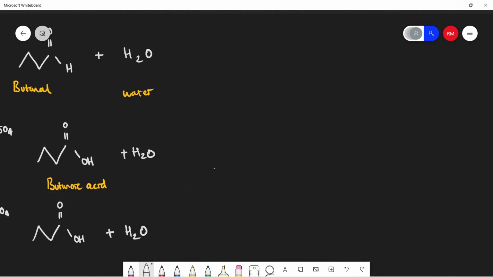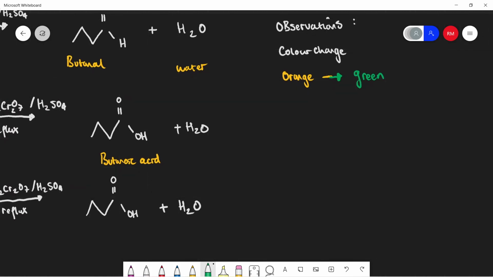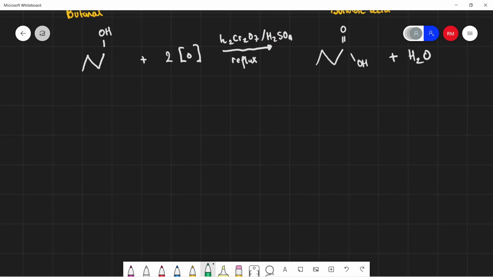And for any oxidation reactions, just know that the observation is going to be a color change. This isn't exactly orange, but it's a color change from orange to green, like so.